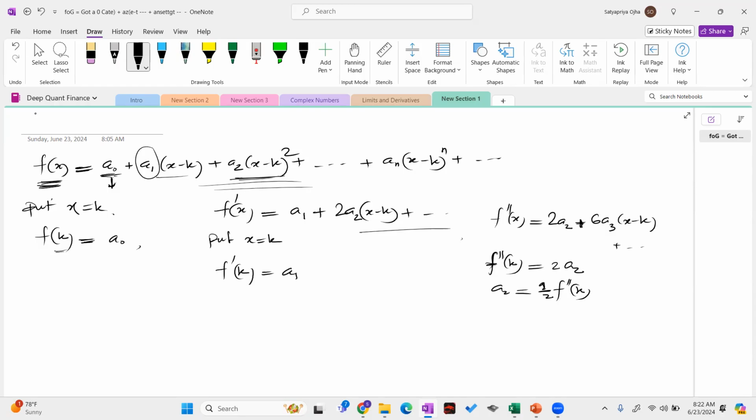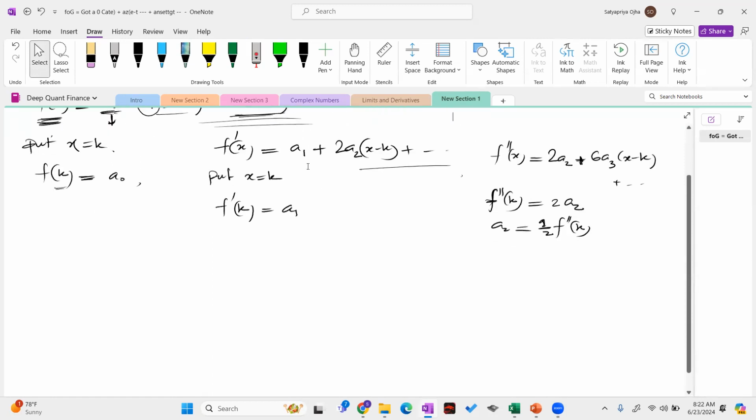How do we find the general expression for this guy, an? So in order to find a2, how many differentiations did I use? Twice. So in order to find an, how many times do I need to differentiate this entire expression?